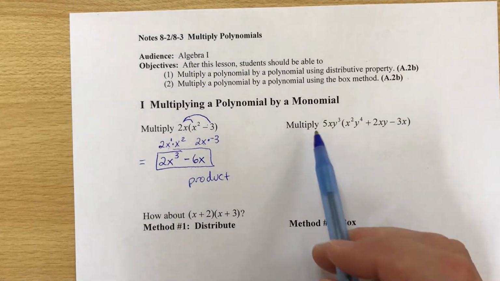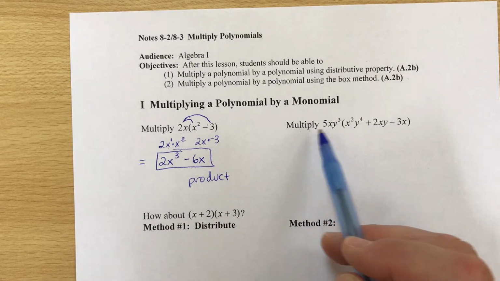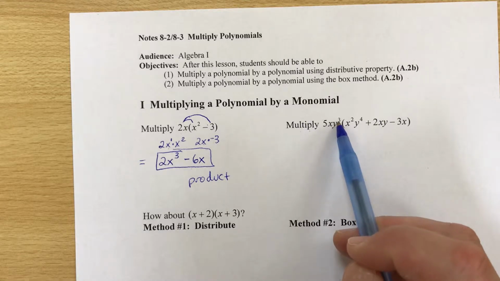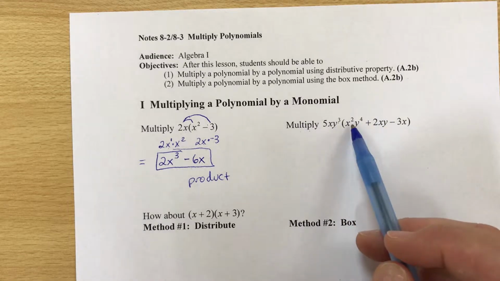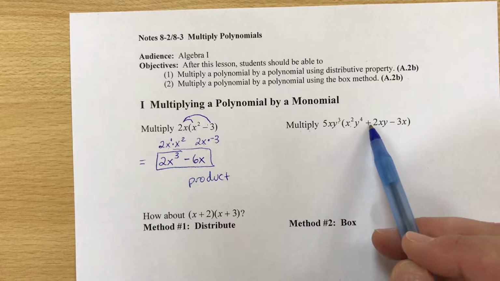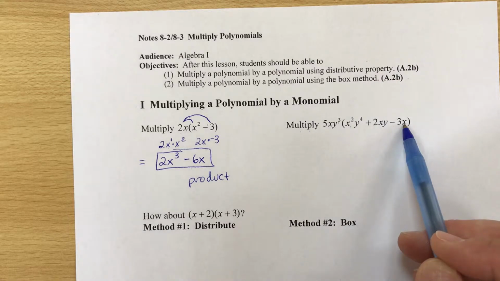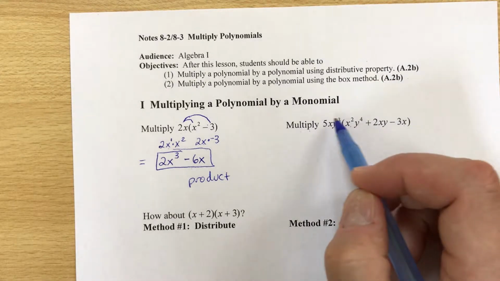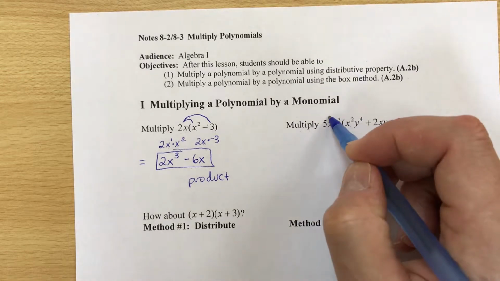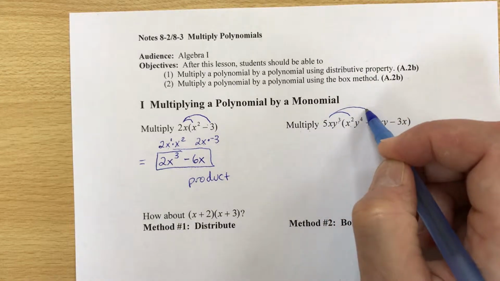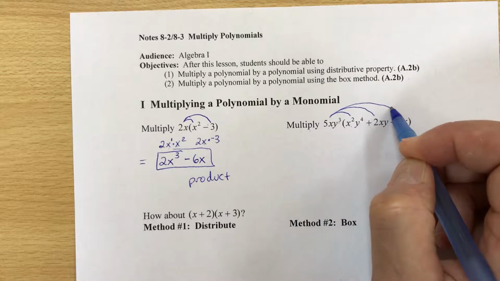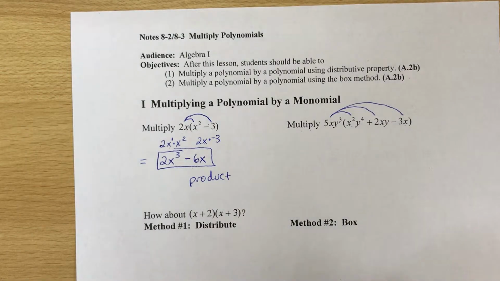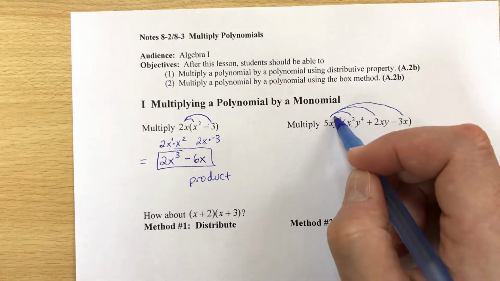All right, let's take the example next to that. Multiply 5xy raised to the third times x squared y to the fourth plus 2xy minus 3x. Well, we're going to take the outside value and distribute, which means we're going to multiply by everything on the inside. Now again, you can look at this.